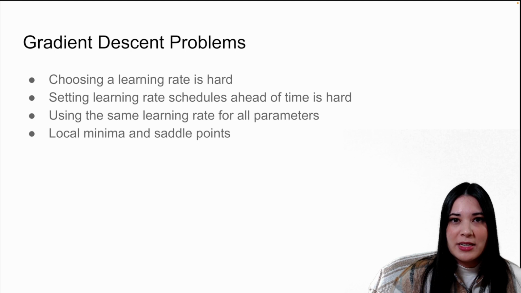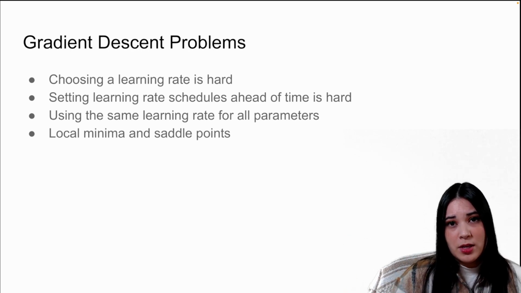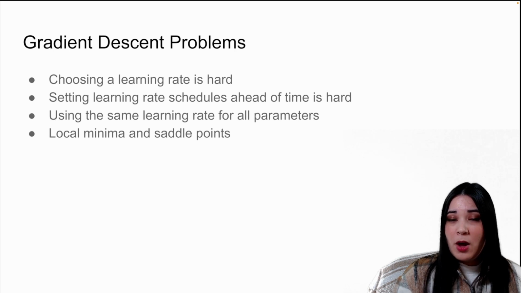Next, it can also be difficult to use the same learning rate for every parameter in our model. Maybe for some parameters we want to take big steps, but for other parameters we want to take small steps. Gradient descent uses the same learning rate for all of our parameters. Lastly, depending on the step size, gradient descent can actually get stuck in local minima and miss a global minimum, or it might get stuck on something like a saddle point.